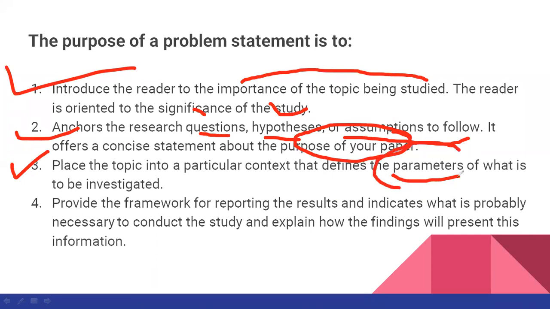So what I mean to say is that the parameters should be clear and concise. And fourth, provide the framework for reporting the results and indicate what is probably necessary to conduct the study, then explain how the findings will present the information. But that should be in brief.